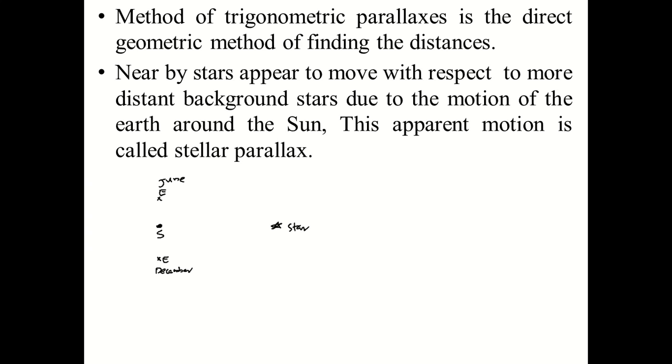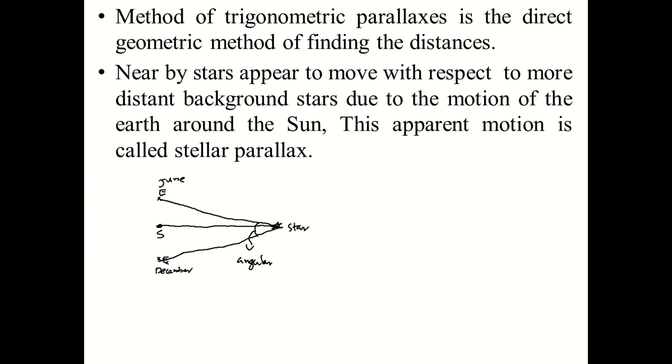Now, this is the line joining the star and Sun, this is the line of sight of Earth and star during June, and this is the line of sight of the star during December from Earth. When you observe the star during June and December, you can see that due to the motion of the Earth, the star has moved by this much angular distance.